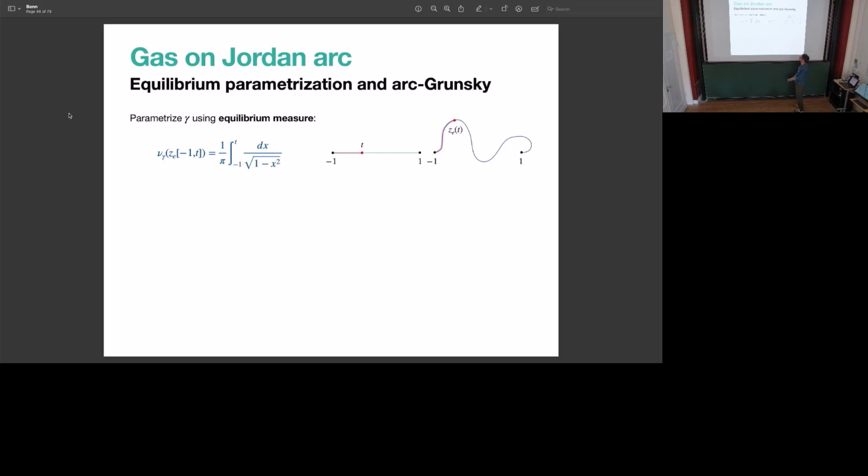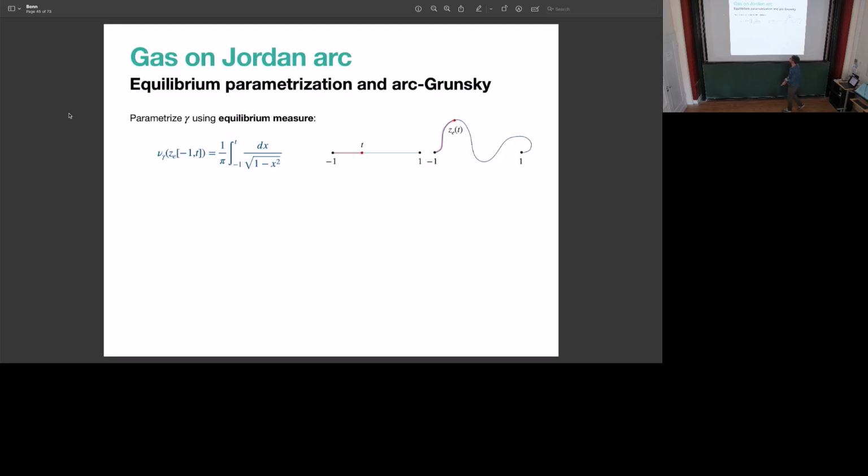And the way I want to do it is as follows. I have my straight line segment. I want to parameterize my arc by the line segment, -1 to 1. So I go t units from -1, and then I look at this pink part. I look at what is its harmonic measure seen from infinity. What's the probability that the Brownian motion started from infinity hits this pink part?